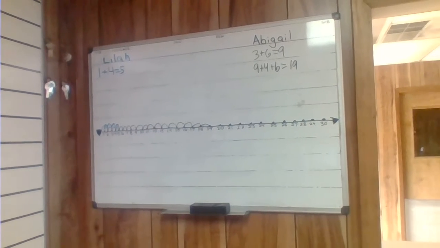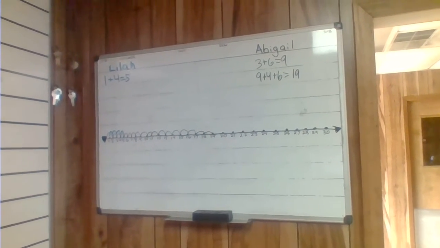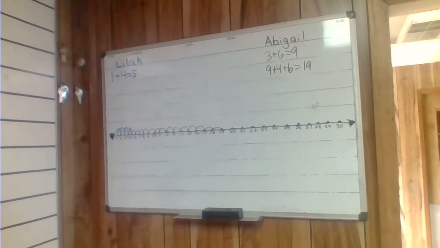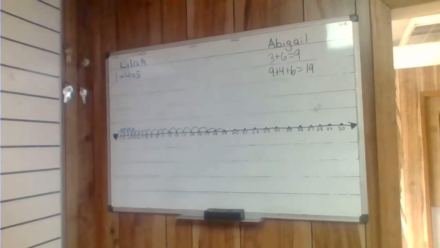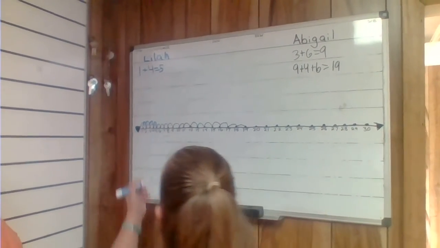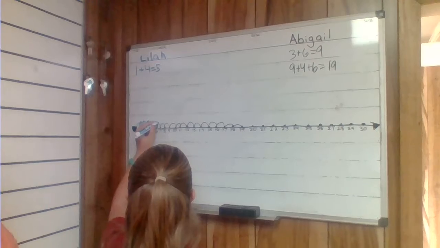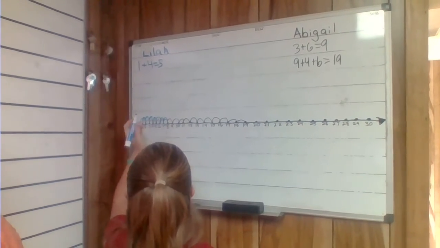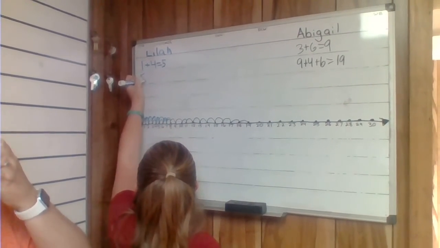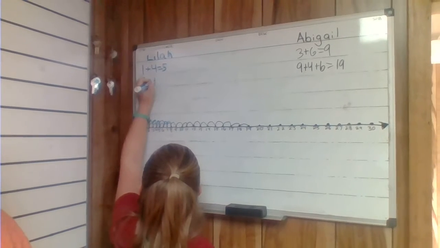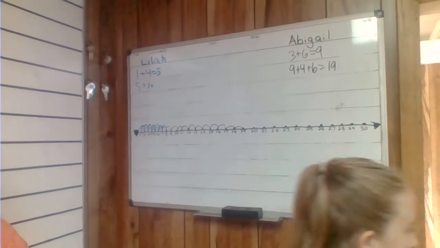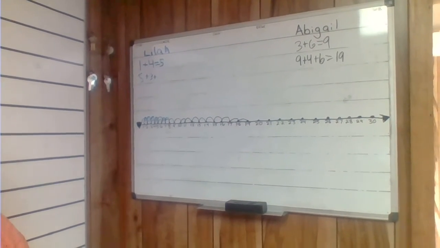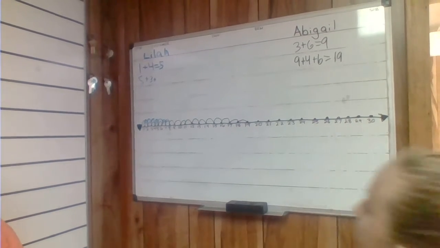All right. Now it is Lila's turn. First roll. 3. So you've got 5. Very good. Plus 3 plus 4.